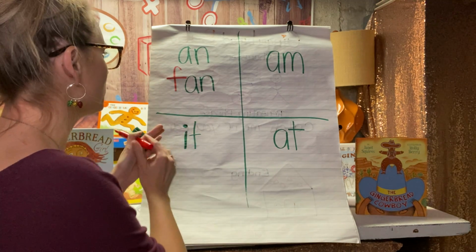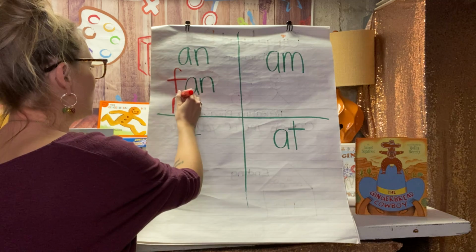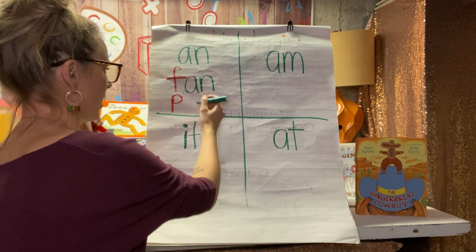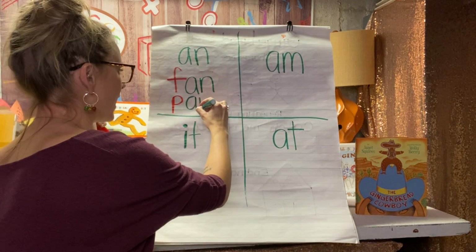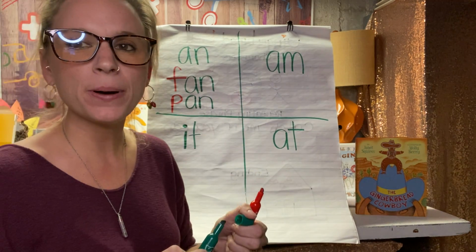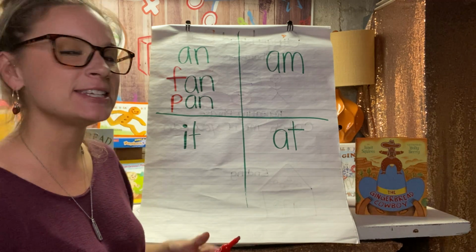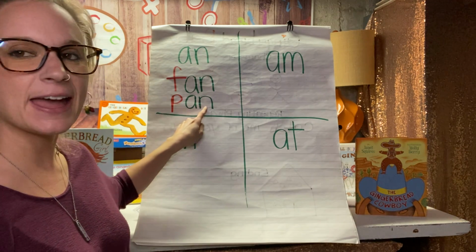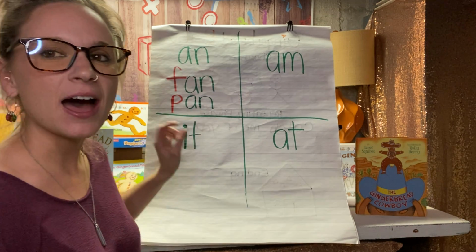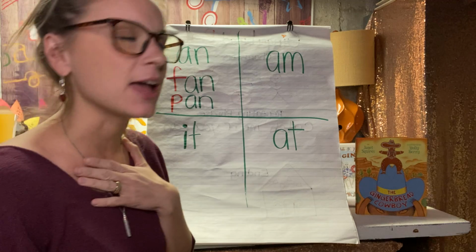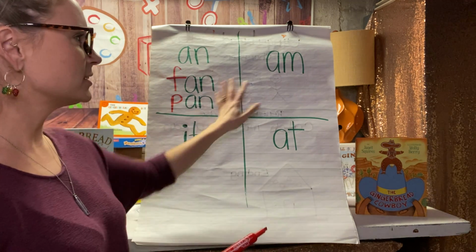So another example of that would be putting a P in front of the word an. So here's my chunky monkey an, and I put a P in front of it. And if I see P and together, pan, I can read that word because of that chunk, and I know that it says an. All right, so same thing is going to apply to these.